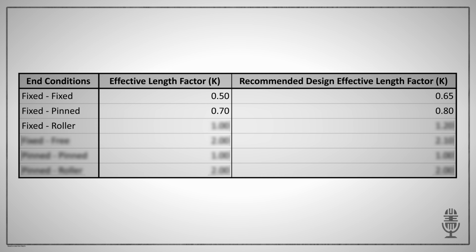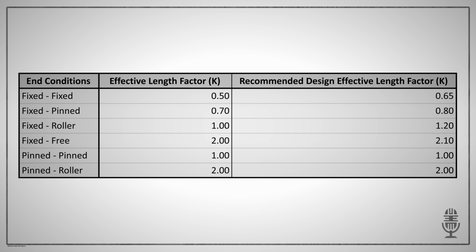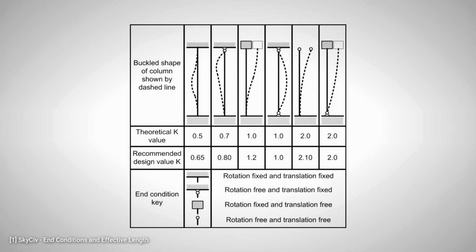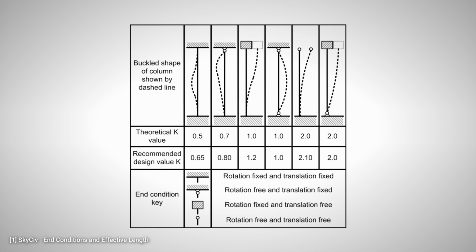Fixed to roller, 1.0 and 1.20. Fixed to free, 2.0 and 2.10. Pinned to pinned, 1 for both of the values, and pinned to roller, 2 for both of the values. These effective length factors and recommended values come from SkyCiv.